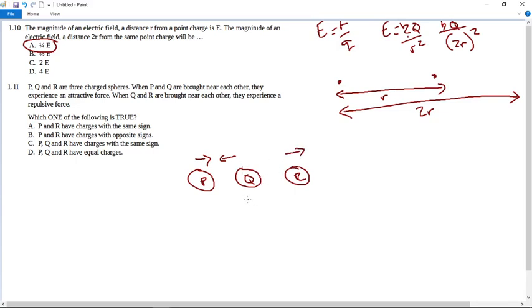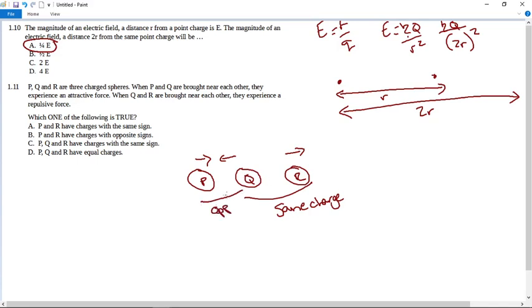These two have to have the same charge, not the same value, but the same sign: they are both positive or they are both negative. Now P and Q can be attracted if P is neutral and Q is charged, but they said P has got a charge. So P and Q must have opposite charges.